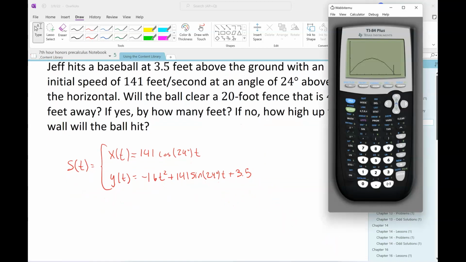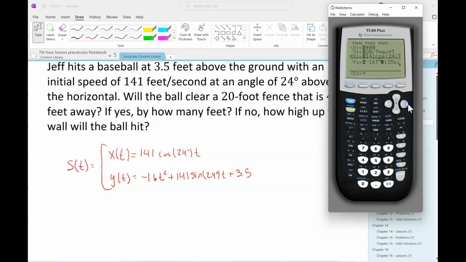So let's start by updating our model in our calculator, so that we can get a picture of what's going on right away, and then we'll solve it algebraically afterwards.